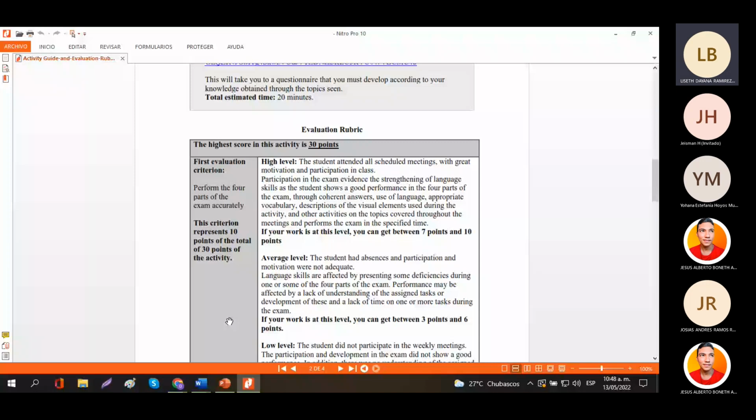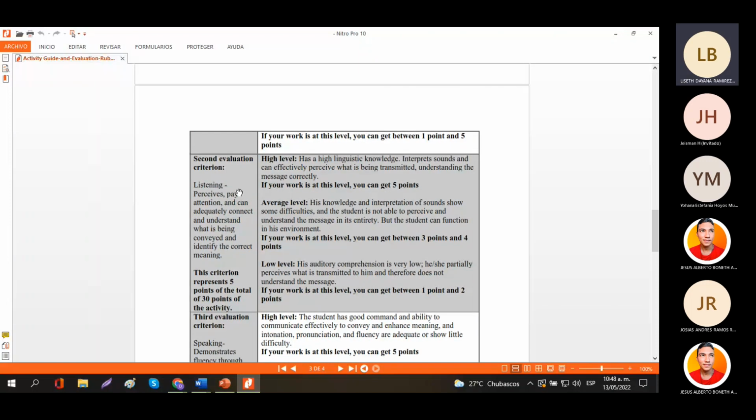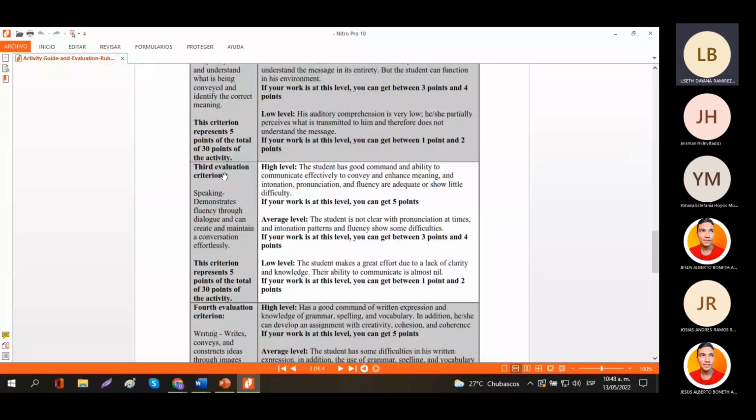The second criterion, listening: pays attention and can accurately connect and understand what is being conveyed and identify the correct meaning. The third criterion, speaking: demonstrates fluency through dialogue and can create and maintain a conversation effortlessly.